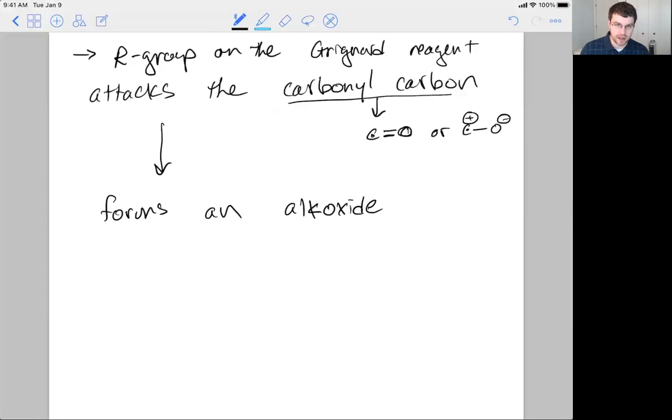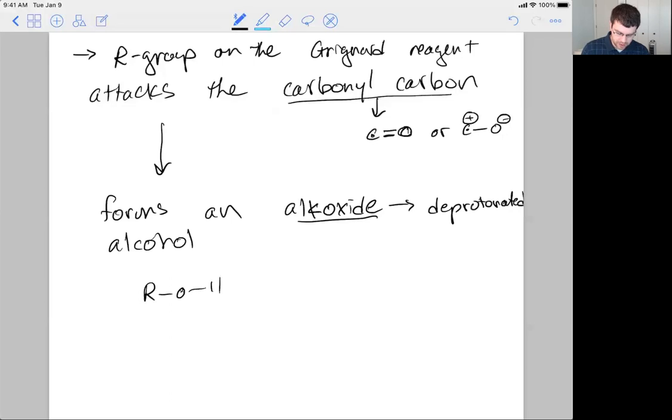Alkoxides are like alcohols, but they've been deprotonated, or they've lost hydrogen. So an alkoxide is a deprotonated alcohol. That is to say, if we have ROH, which is an alcohol, and we react that with some base, we form an RO minus.